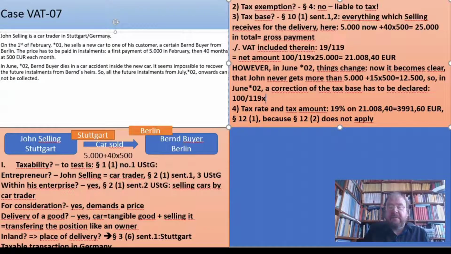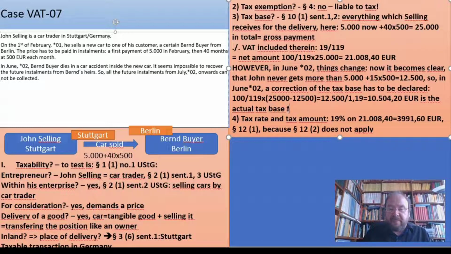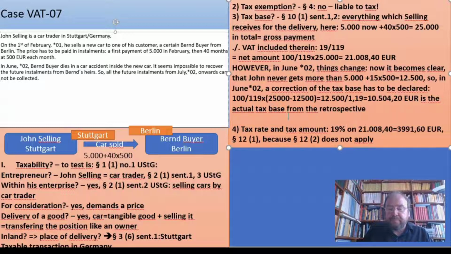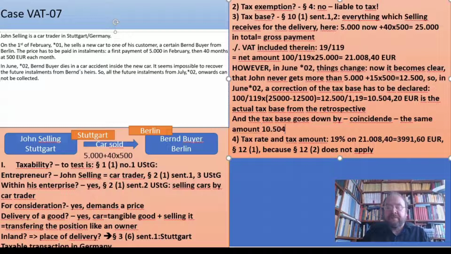119 of 25,000 minus 12,500. So 12,500 divided by 1.19. 10,504.20 is the actual tax base from the retrospective, and the tax base goes down by, that's by chance now, the same amount, 10,504.20 euro.